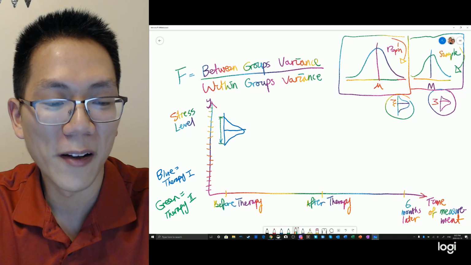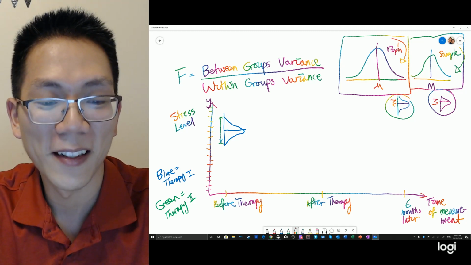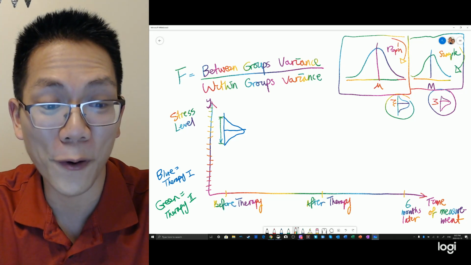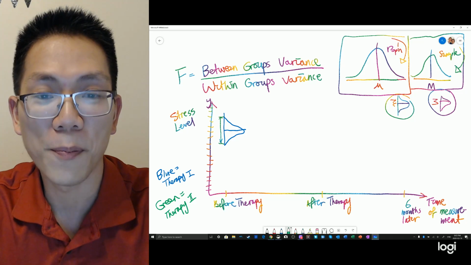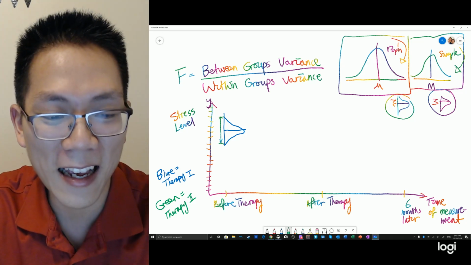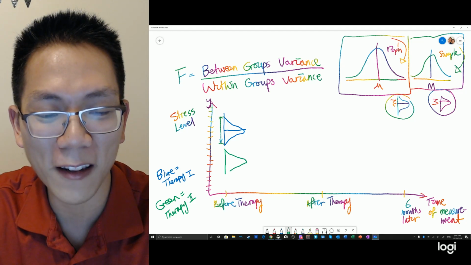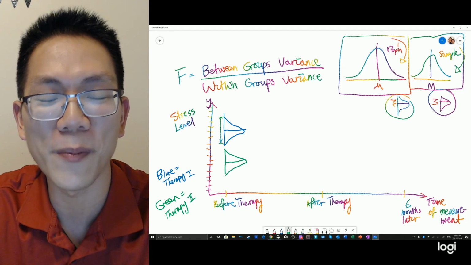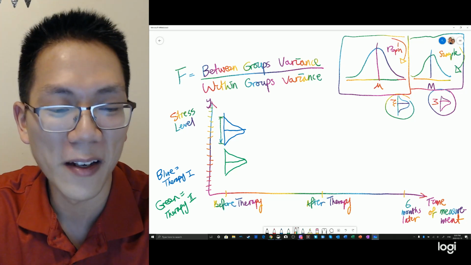So remember, this is therapy 1 before the therapy, and this is us measuring the stress level. Let's say peaceful green has maybe started with less stress. I'm just drawing them apart so it's easier for us to see them.